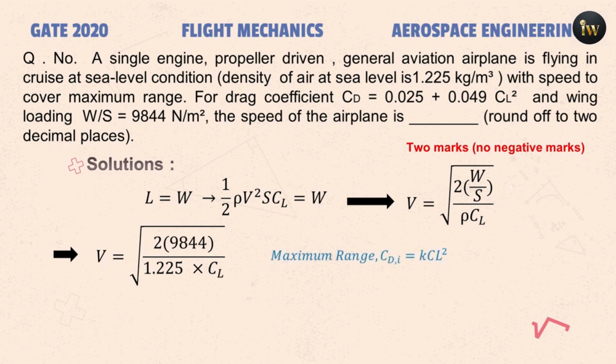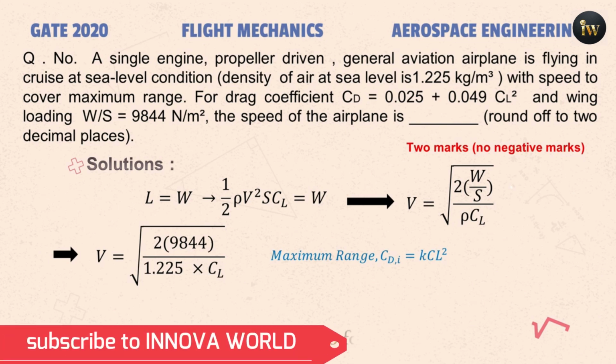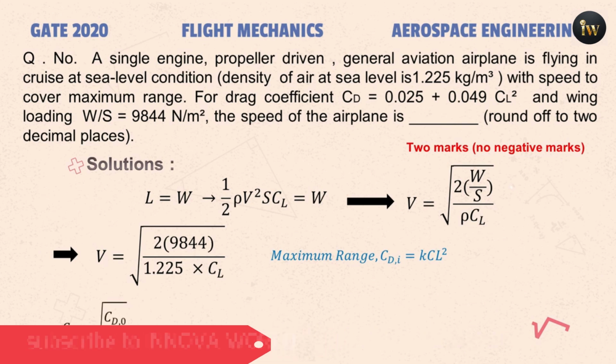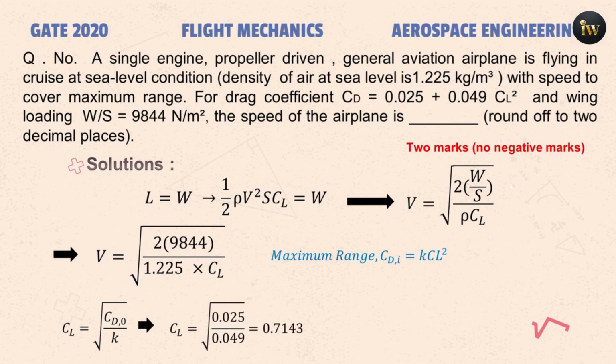Now based on the maximum range, that is the minimum drag condition, CD naught equals K CL square. Based on that, CL becomes root over CD naught by K. From here we find the value of CL as 0.7143.